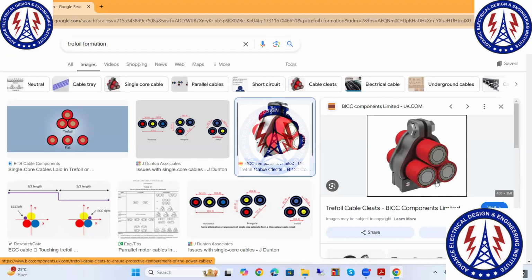See, R, Y, B are the phases carrying current with a 120 degree phase difference. So if we arrange them like this, the flux cancellation occurs in the outer part, so the heating will be lesser, because of this formation. That's why this trefoil formation is used.